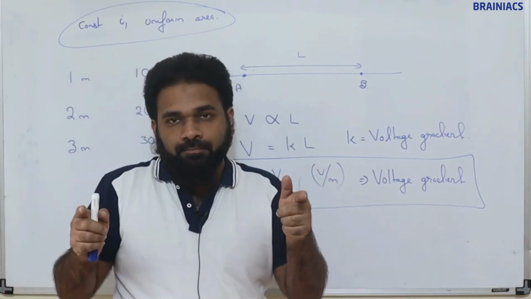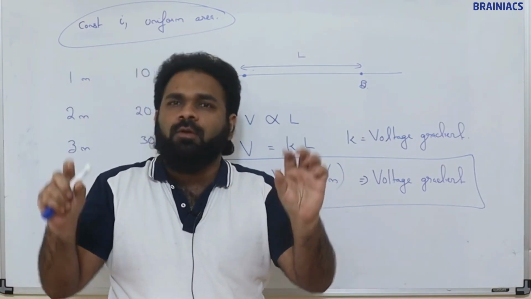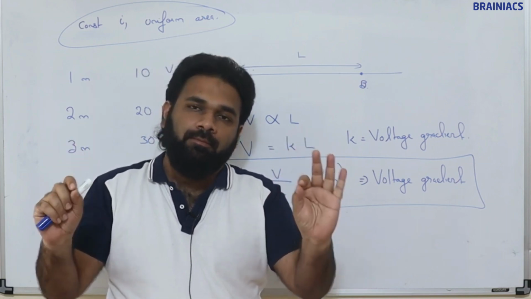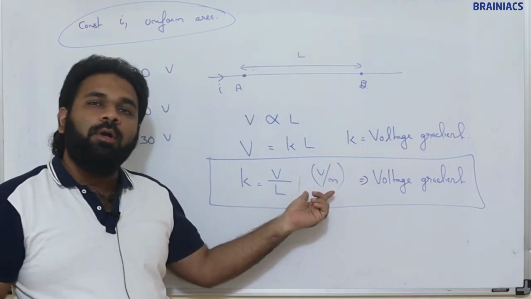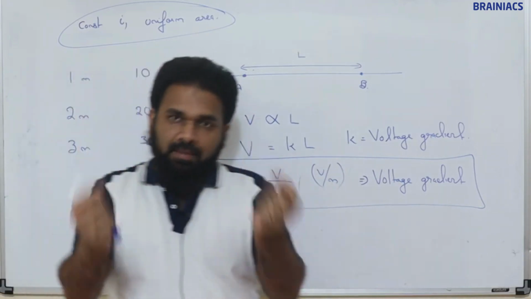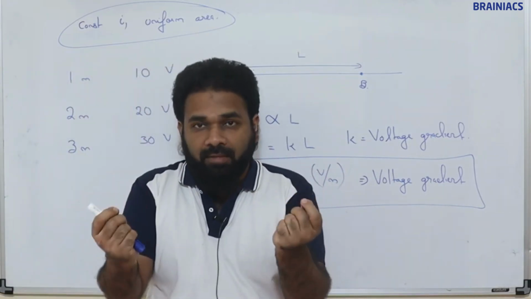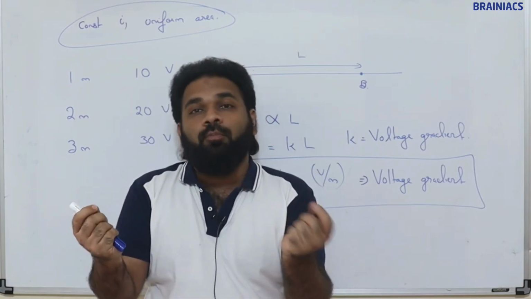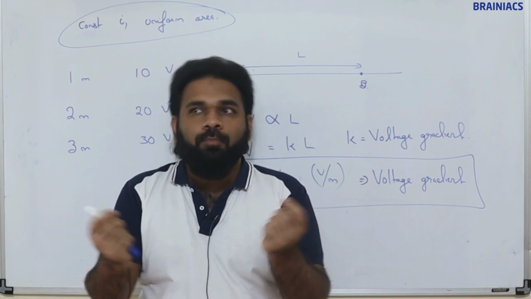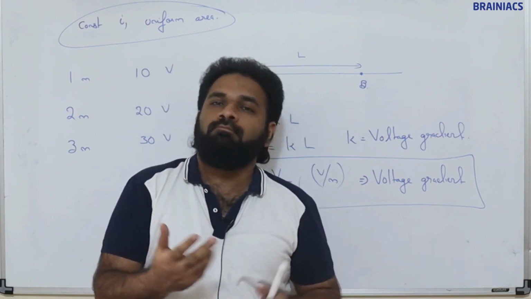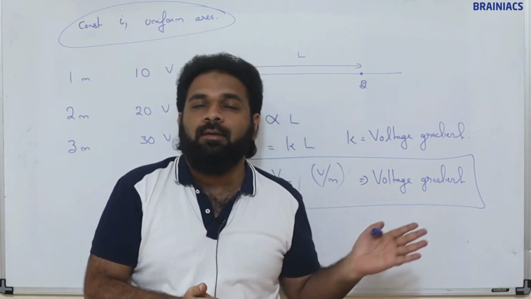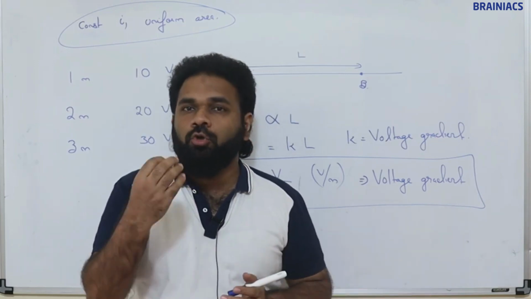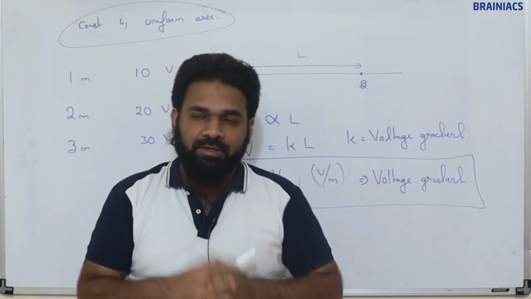In 1 meter, there will be a 2 volt potential difference. Like if we consider 1 meter, in that 1 meter a 2 volt drop will be there. So 2 volt per meter is the voltage gradient.